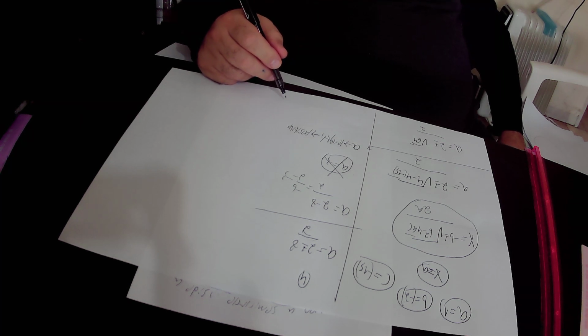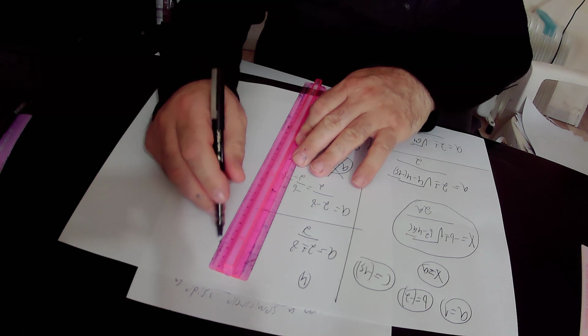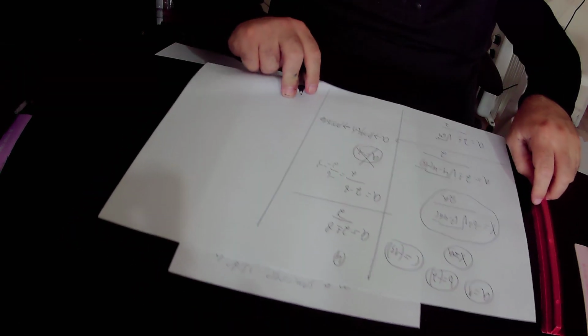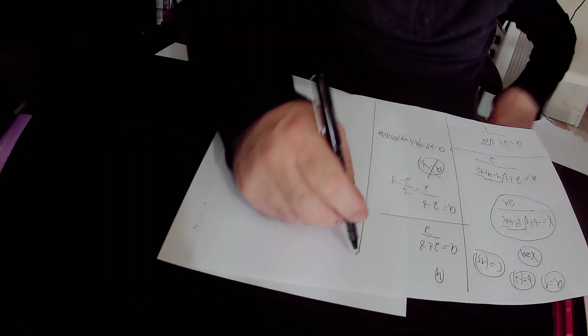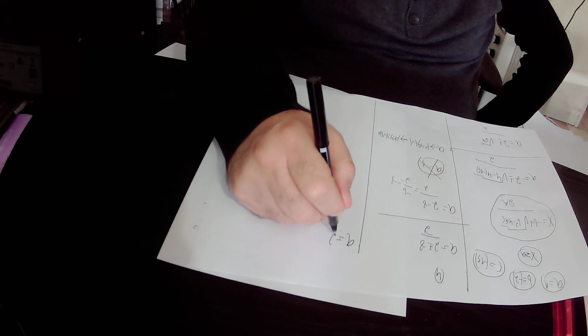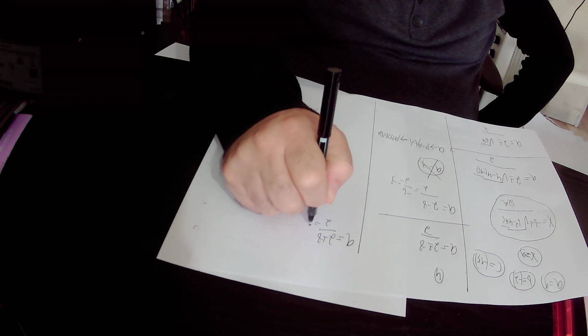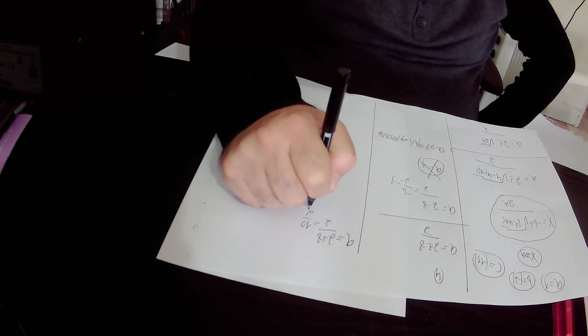and we're left only with the second solution, that a equals 2 plus 8 over 2. 2 plus 8 is 10, and 10 over 2 is 5.